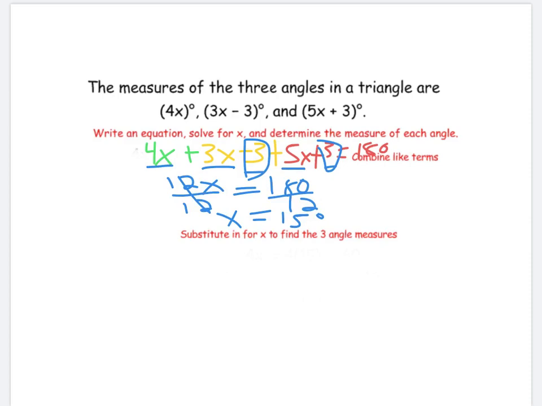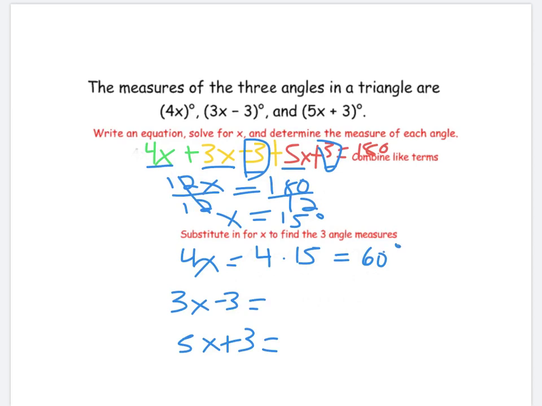Now I have to use the value of x in the angles. So I have 4x, I have 3x minus 3, and I have 5x plus 3. And I can use those to figure out what my actual angles equal. So 4x means 4 times x, and we just figured out x was 15. So 4 times 15 is 60. So the first angle is 60 degrees.